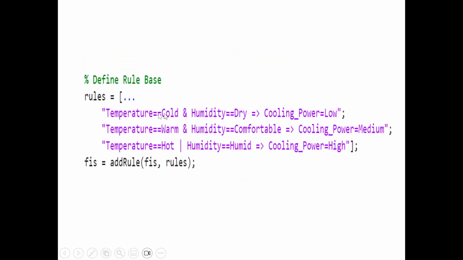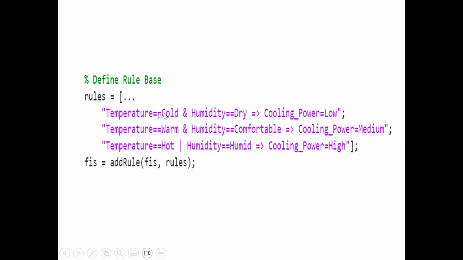Since the statement here is terminated with a semicolon, it means that the statement we are having here represents what we call a column vector, because we have 3 rows and 1 column. This one represents row number 1, this one represents row number 2, and this one represents row number 3.